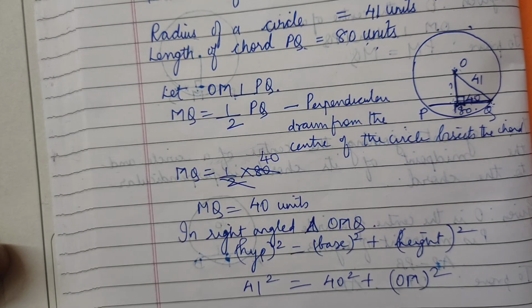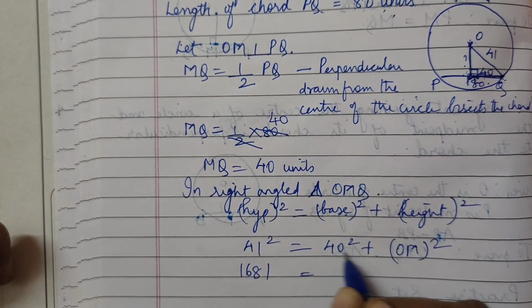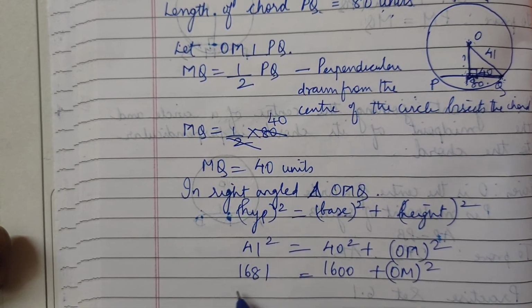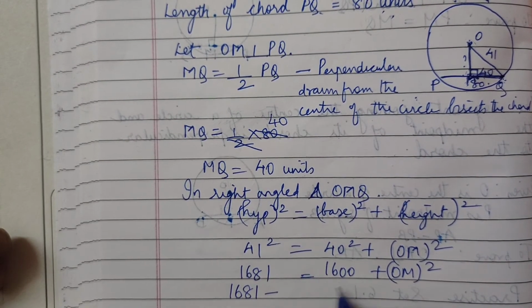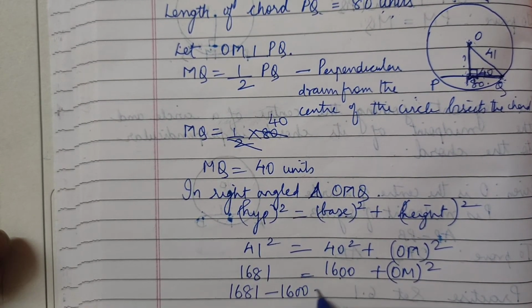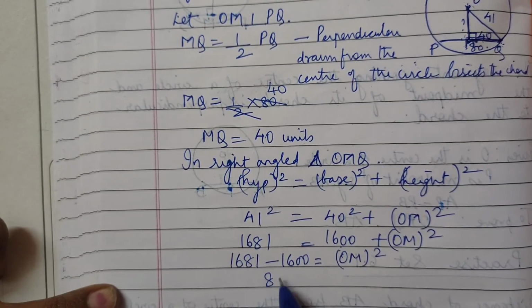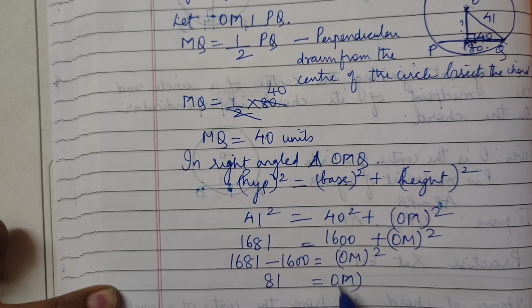Now 41 square is 1681, equal to 40 square is 1600 plus OM square. 1681 minus this 1600 comes to this side, equals OM square. So when I subtract, I'll get 81 equals OM square.